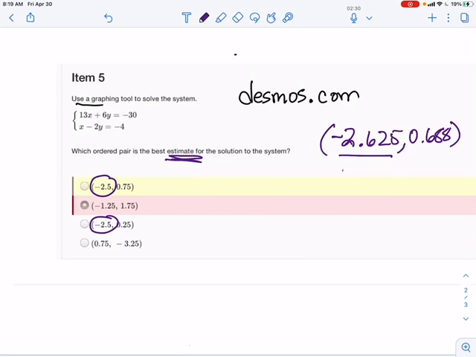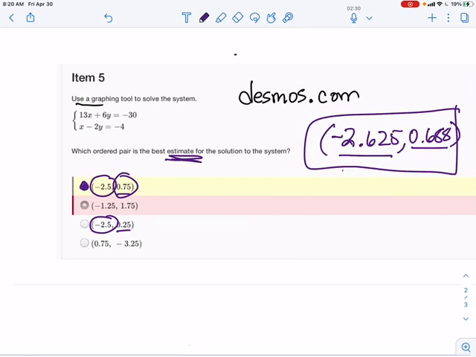And then for 0.688, we have these two choices. This one is closer. So this would be the answer to the estimate for the solution to the system. Because again, using some graphing tools, you're not going to get the exact answer like we got in Desmos.